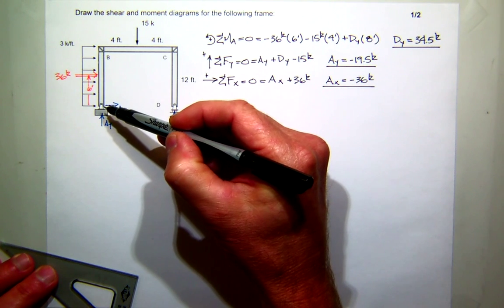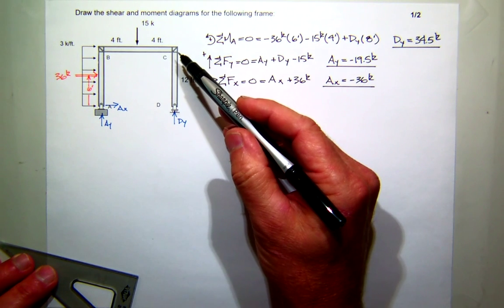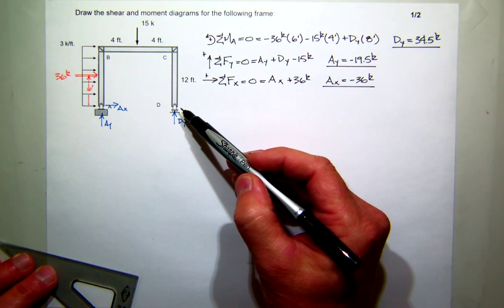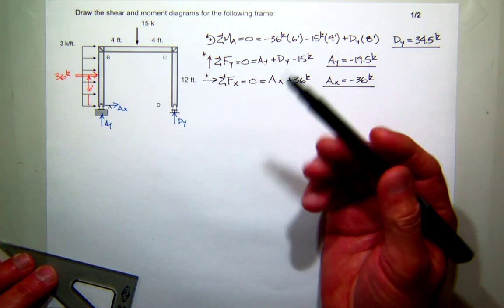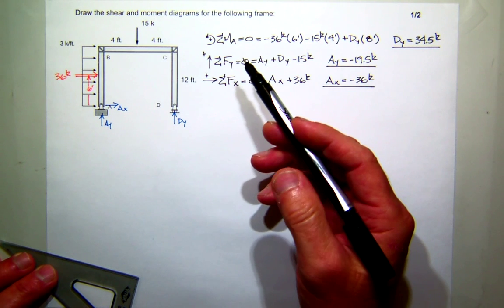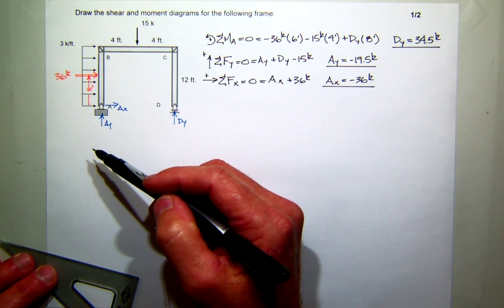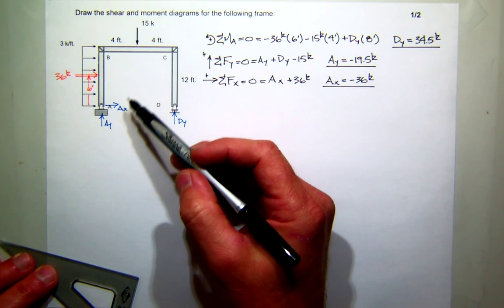Do you want to look at the AB free body diagram or the BCD free body diagram? There's really two ways. When you cut something, you're always going to look at one side or the other. I don't see a huge advantage going either way.